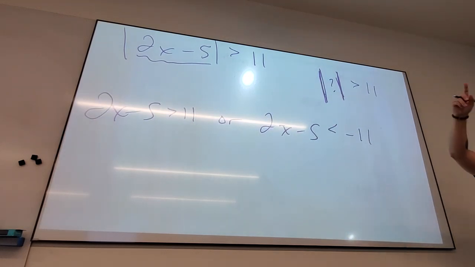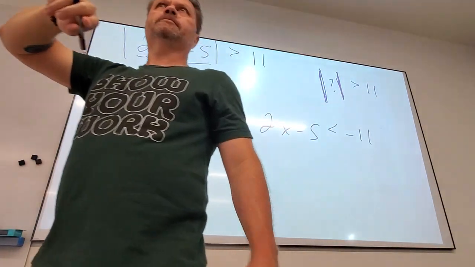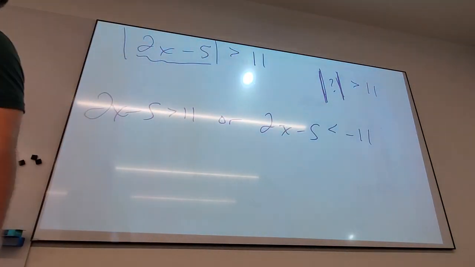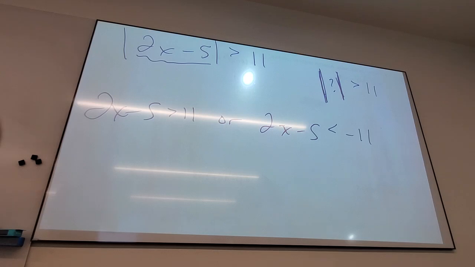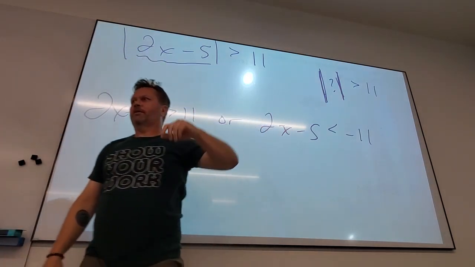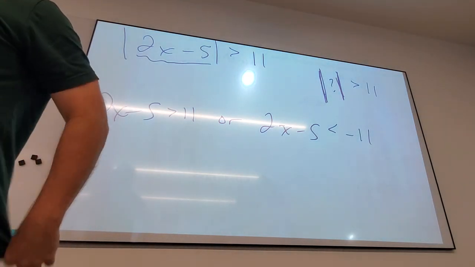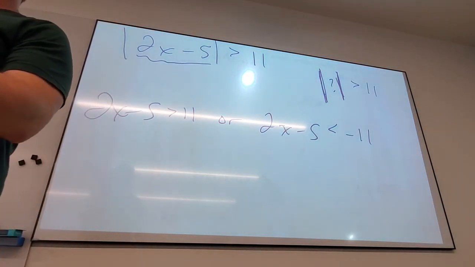Absolute value, 2 cases. I always get 2 cases. And just to help you out, what's this symbol again? Greater than, or. Yeah, greater than, or.